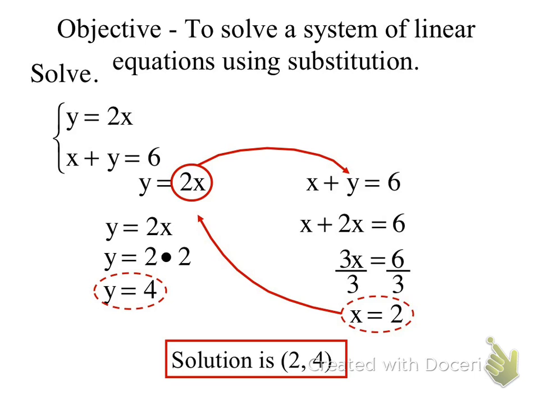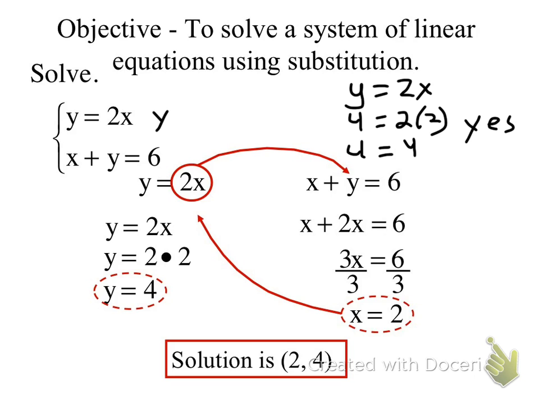We're doing y equals 2x. Here's the check. And then I substitute 4 is equal to 2 times 2. Substitute my x and y in. Is this a true statement? Yes. So it works in that equation. And then I try the other one. What is x? 2.